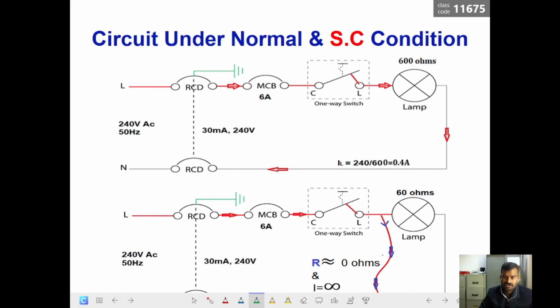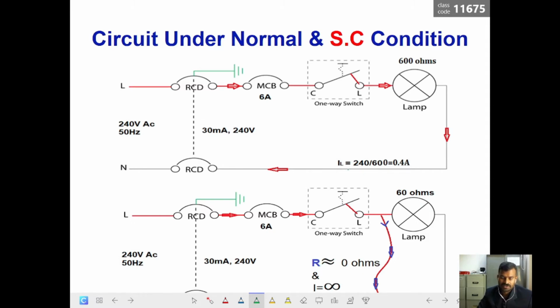So when there is a short between the line and neutral, what happens? The resistance provided in the circuit almost becomes zero, since the conductor doesn't have much resistance like the lamp.